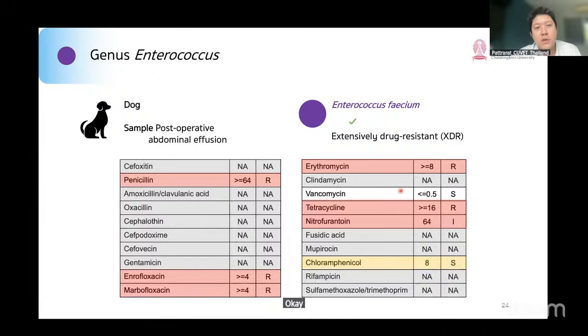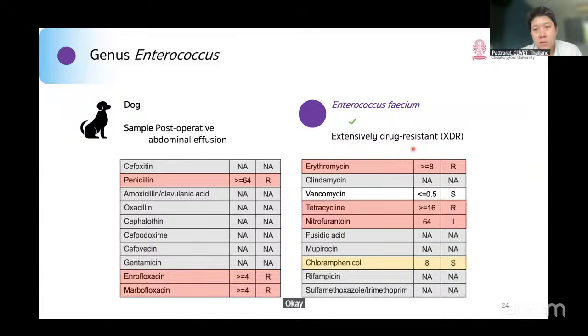Okay, and for the red, we show R. R is resistance. That means this Enterococcus faecium developed resistance by development of resistance mechanisms to the drugs that the wild type are susceptible to.